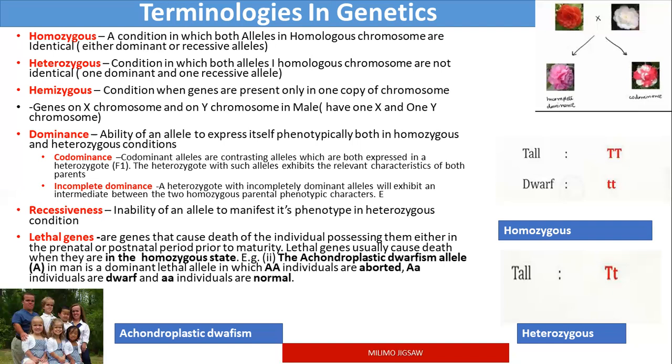In codominance, the offspring gets both characteristics of the two alleles. In incomplete dominance, the heterozygote or the offspring gets an intermediate characteristic of the two. That's simply what the picture is showing.